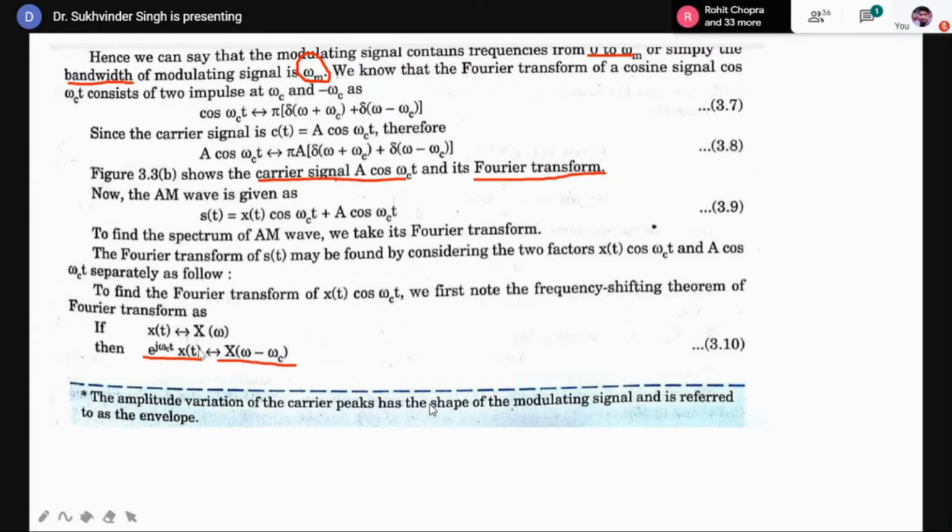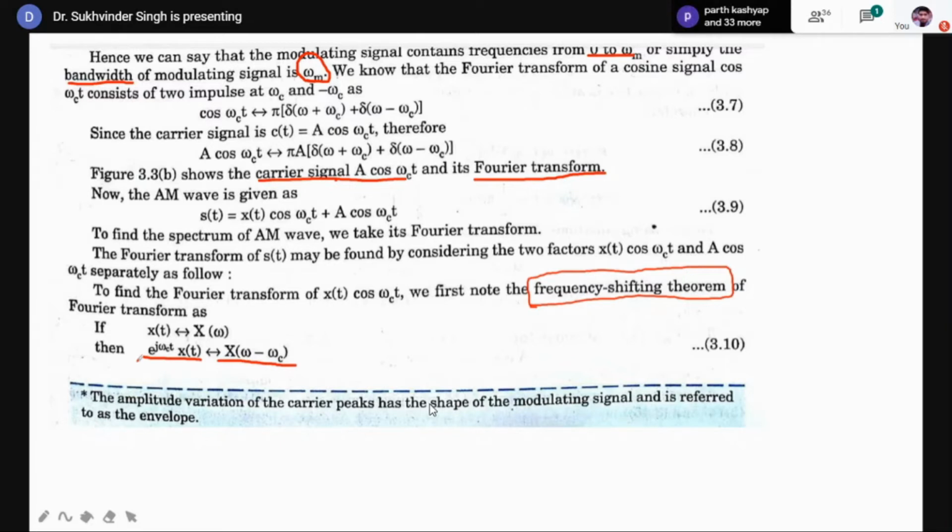To do this, we make use of the frequency shifting theorem. The frequency shifting theorem you must have studied in your Fourier transform in mathematics. So we are going to use it directly, so you have to remember it, the frequency shifting theorem.